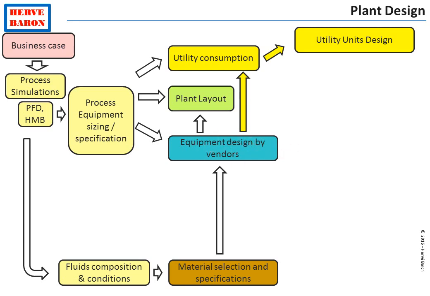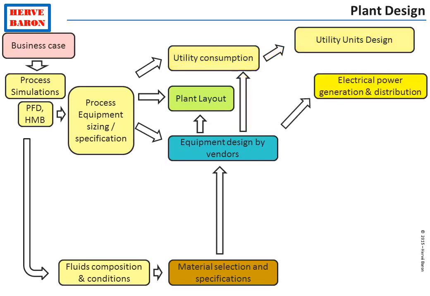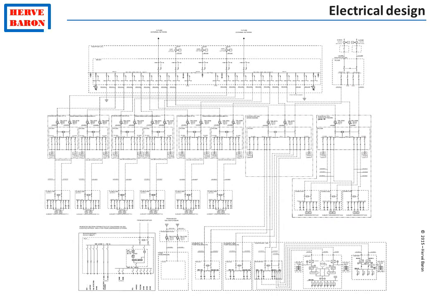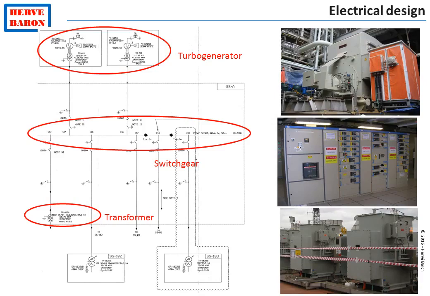In addition, the equipment vendor will advise the power consumption of their equipment, which will allow sizing the electrical power generation and distribution, including defining the architecture of the electrical distribution, such as the one shown here on the single line diagram, and sizing all the distribution equipment such as transformers, switchgear, and cables.